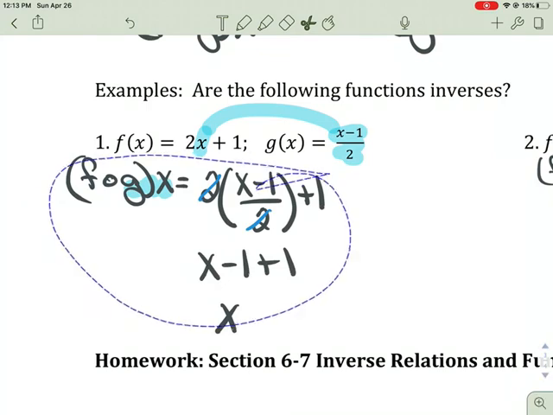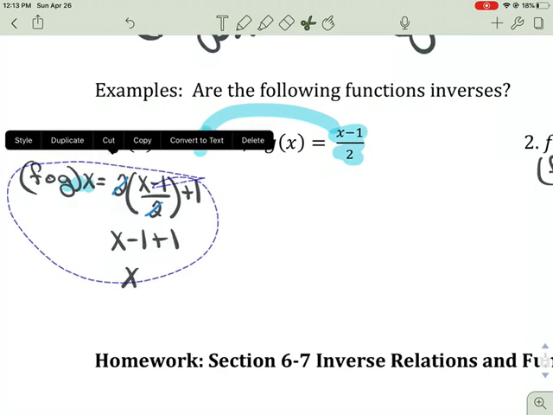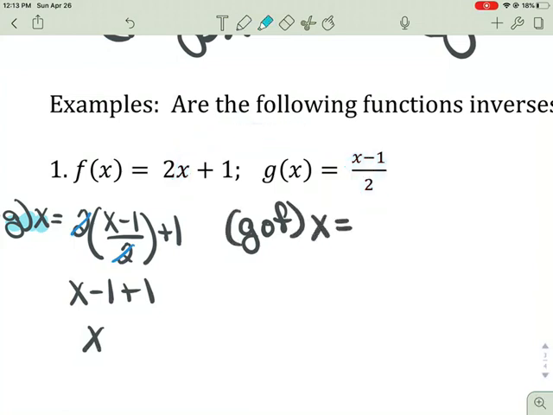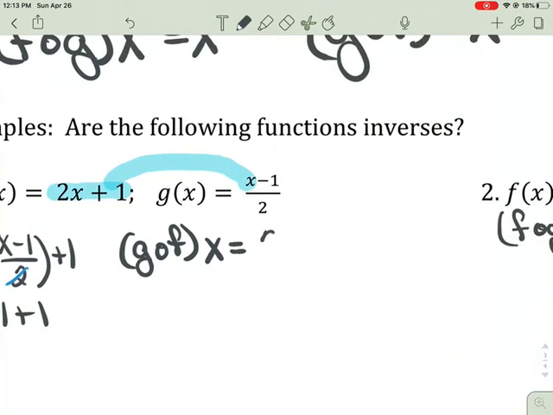I have to do g composed with f. All right, let me move this over here. I ran out of room. Okay, so we have to do g composed with f. That means I'm going to take f, take this entire expression, come over here to g, and take out the x and put it in.